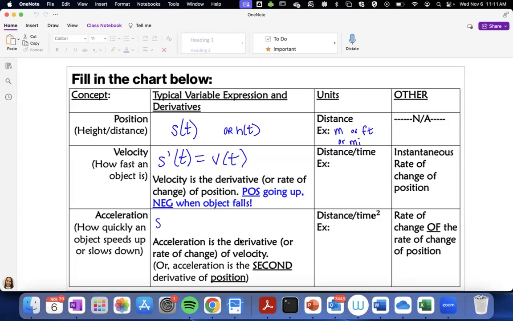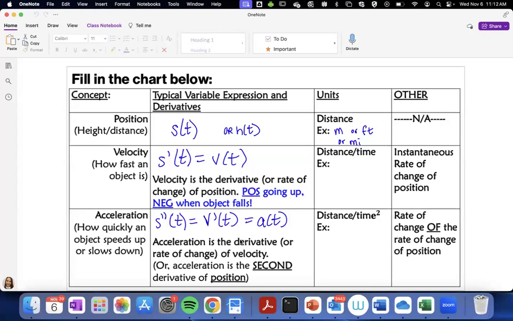So S double prime of t equals v prime of t, which is a of t. So the second derivative of position is the same as the derivative of velocity, which is acceleration. Okay?